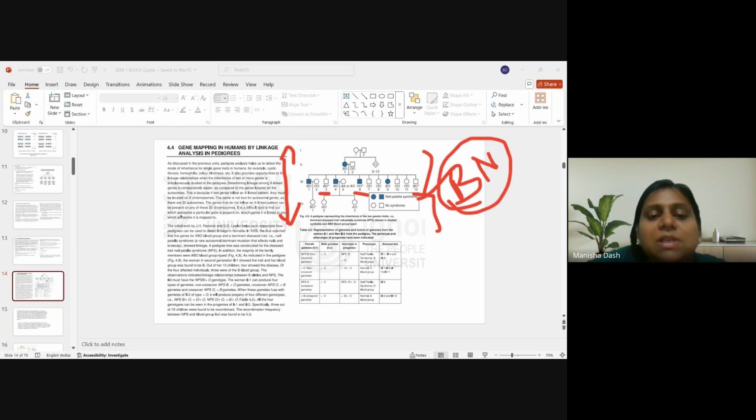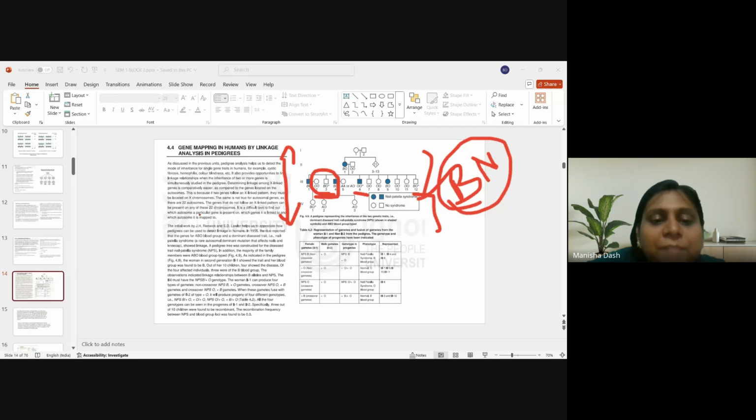So this is a recombinant, because blood group B should be linked with nail patella syndrome. Although the individual has blood group B, they do not show nail patella syndrome, so this is regarded as a recombinant.